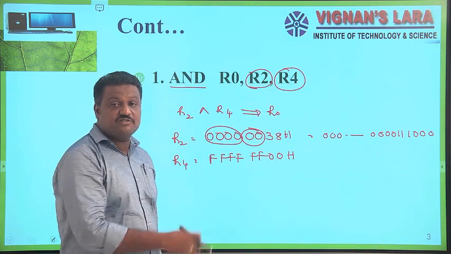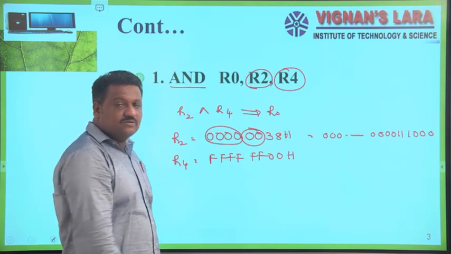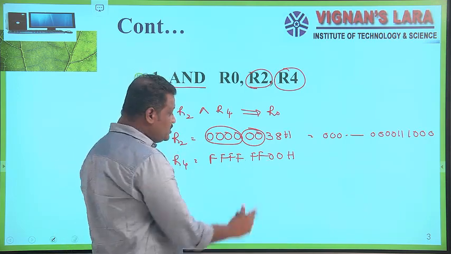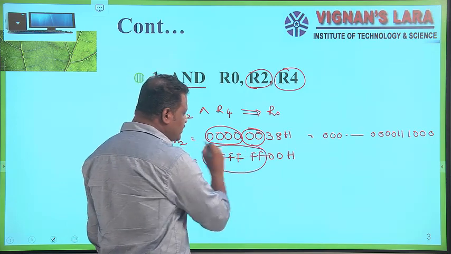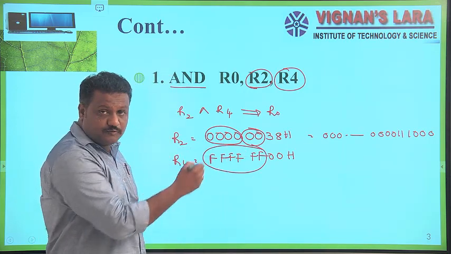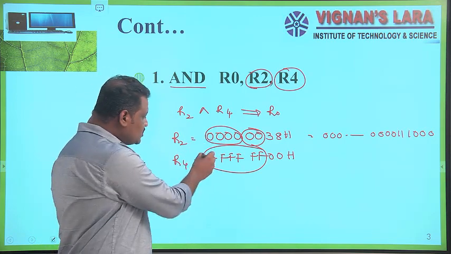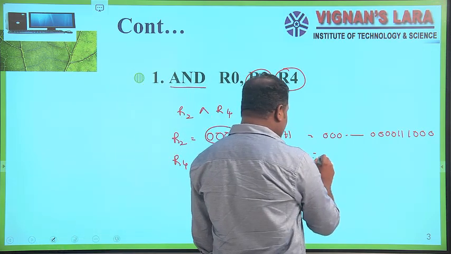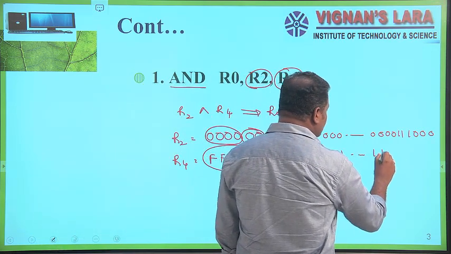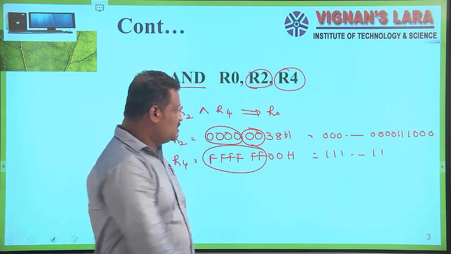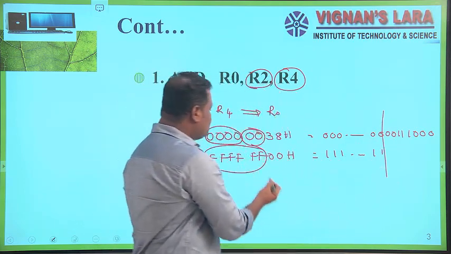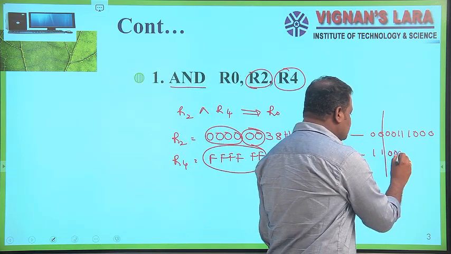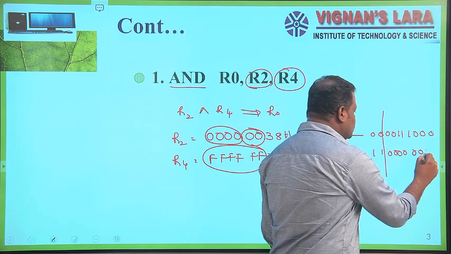That is the binary equivalent of the first number. Coming to R4, its content is FFFFFF00H, which is equivalent to 24 ones followed by 8 zeros, because we know that F is equivalent to 4 ones in binary. So this goes up to 24 bits, followed by 00, where each 0 is equivalent to 4 zeros.